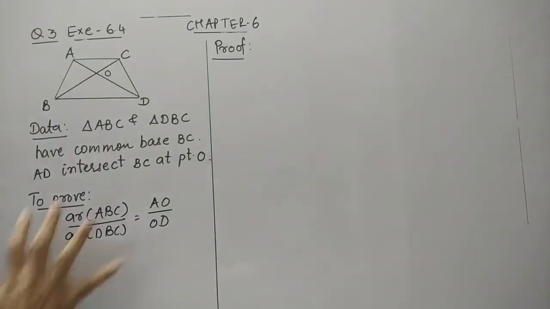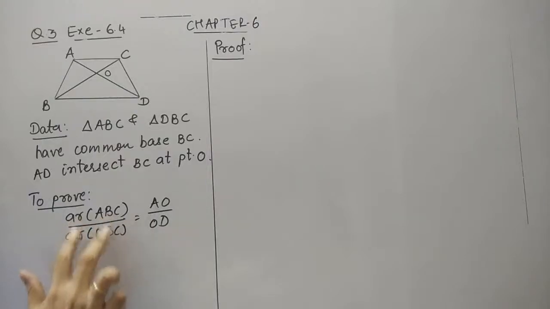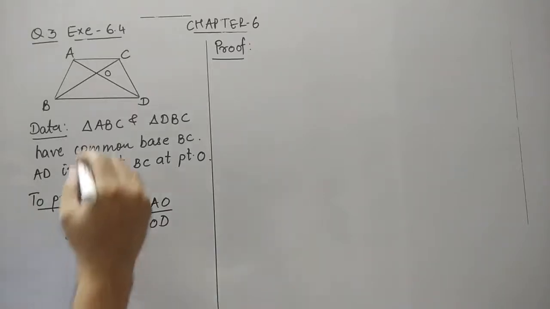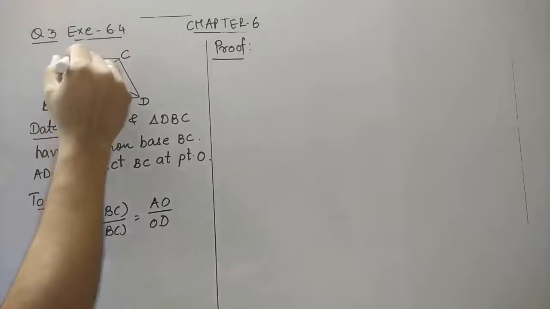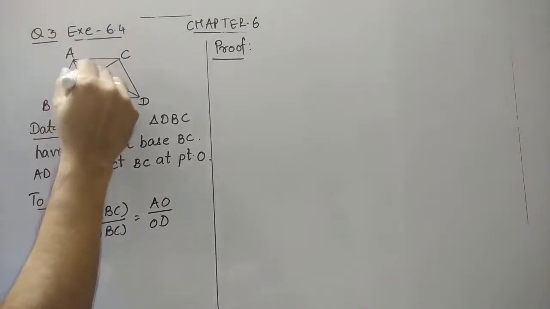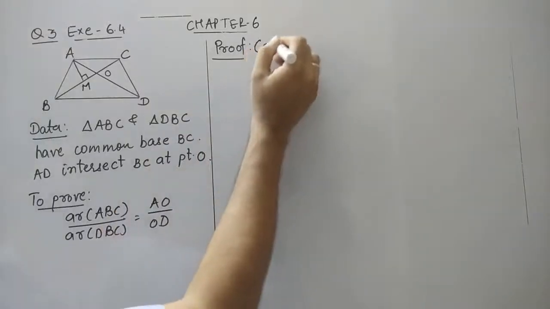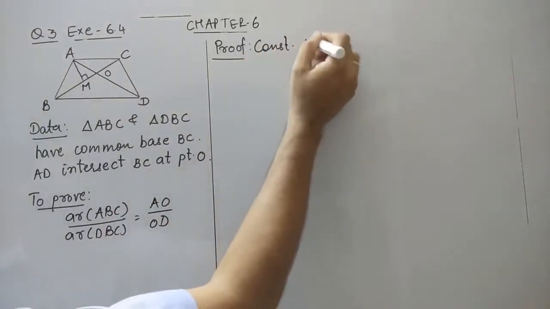It is very clear from the question that we need to find the area of triangle ABC. We cannot show similar triangles here, so let's find the areas. To find the area, we need to construct a perpendicular. So we construct the perpendicular from A to BC, which I name AM.